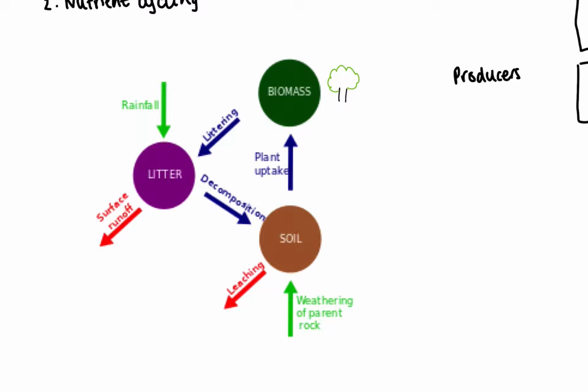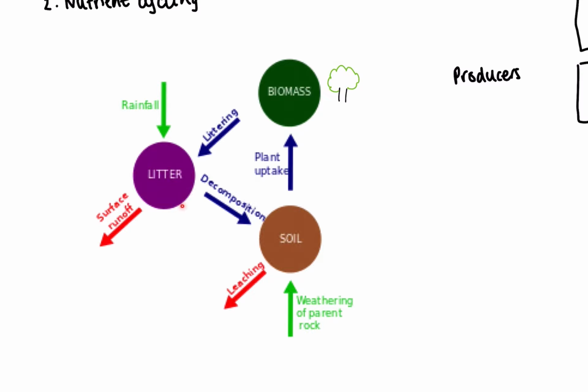The red arrows I've got here are outputs, if the green is inputs. So things like surface runoff: if I have too much rainfall, I'm going to lose some of that surface water. And the same with our soil here, I can see leaching, which is loss of nutrients, through things like, for example, heavy rainfall.